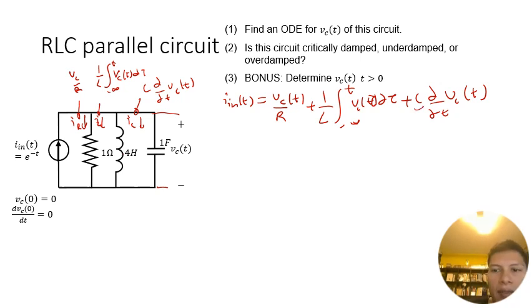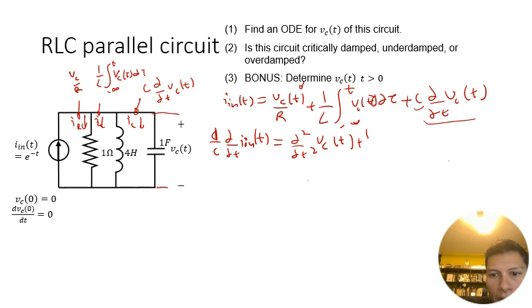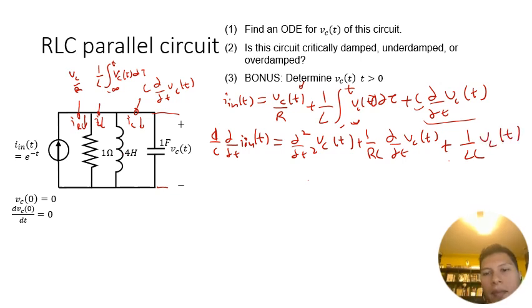I'm going to go ahead and divide by C. So I get 1 over C d/dt of I_in(t) equals, I'm going to write this term first so that I get d/dt squared of Vc(t). Then this term second, so plus 1 over RC d/dt of Vc(t). Remember that I divided by C and took the derivative of both sides. And so plus 1 over LC Vc(t), since the derivative cancels out the integral.